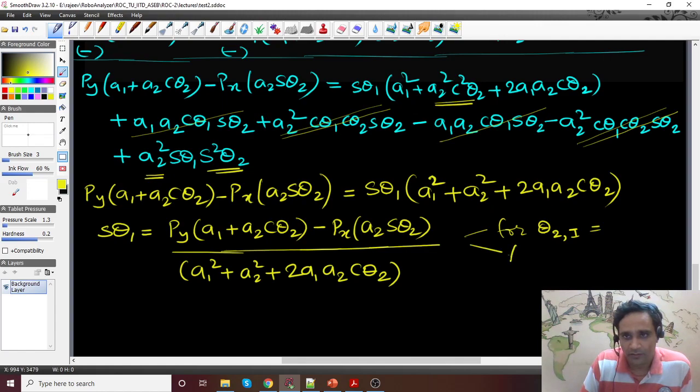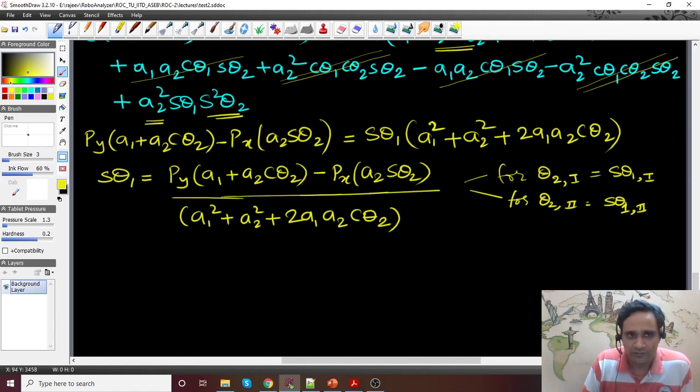Similarly for theta 2 second, we'll have sine theta 1 first, and similarly sine theta 1 second. So there are two possible solutions available. Now once we do this manipulation, we have found the value of sine theta 1.